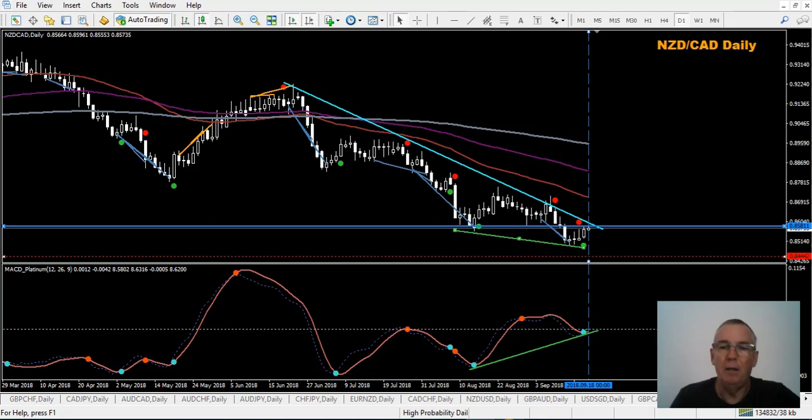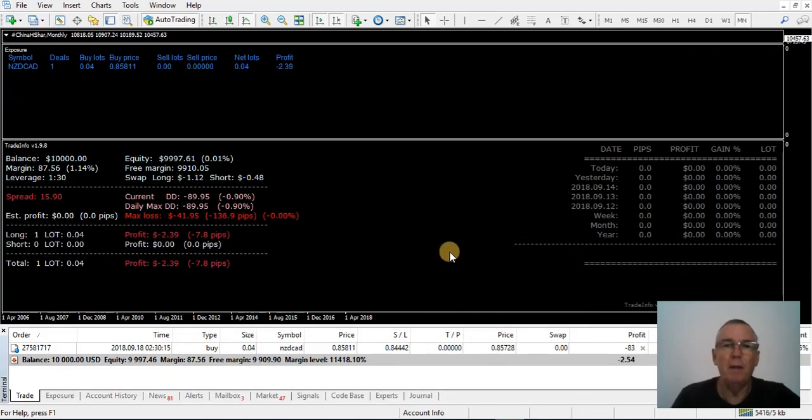And if you go to my demo account, which I've started up for this, here's the trade here, so I've bought 0.04 New Zealand CAD. There's your entry price and stop, and we're down 8.8 pips already. You can see here's the balance, 10,000 USD, and information on the account here. For leverage, I did select 1 to 100 or 1 to 200, but for some reason it defaulted back to 1 to 30, which is not really in line with my normal accounts.